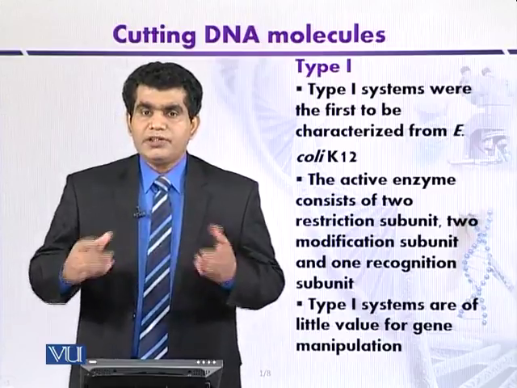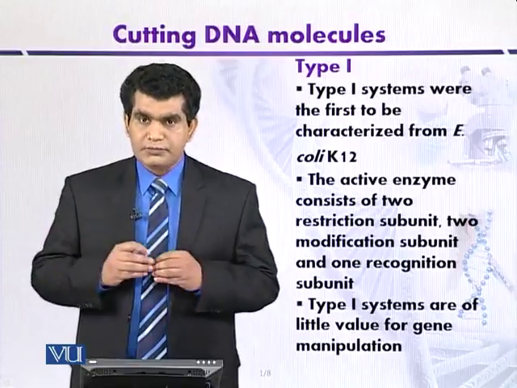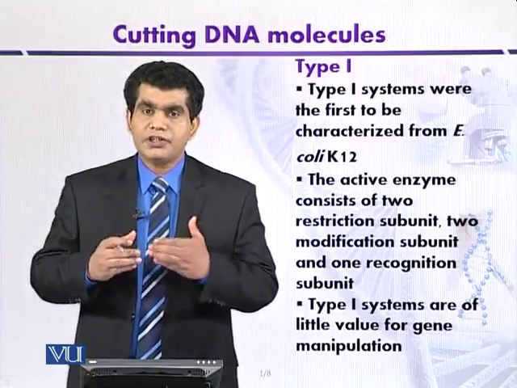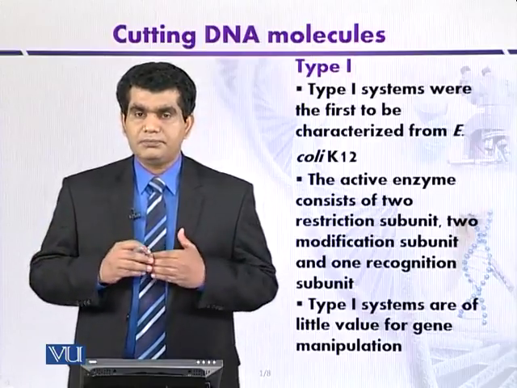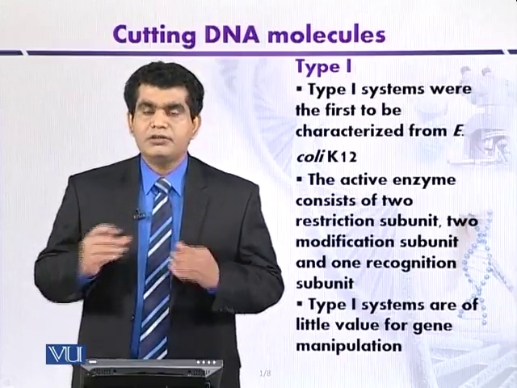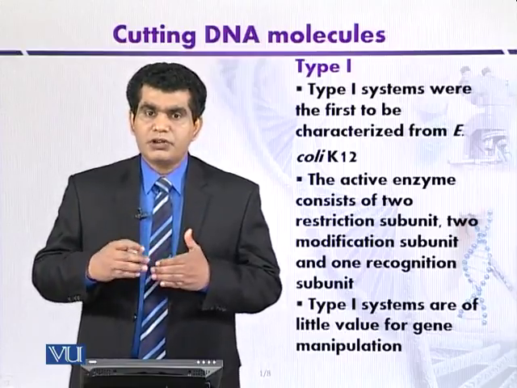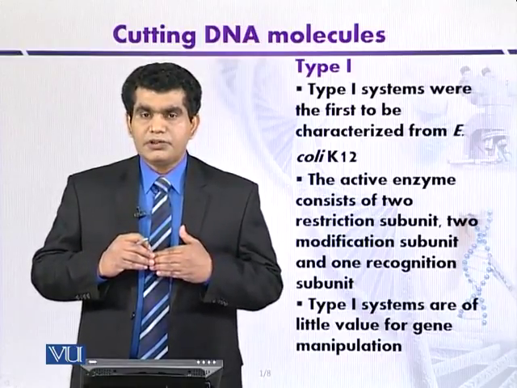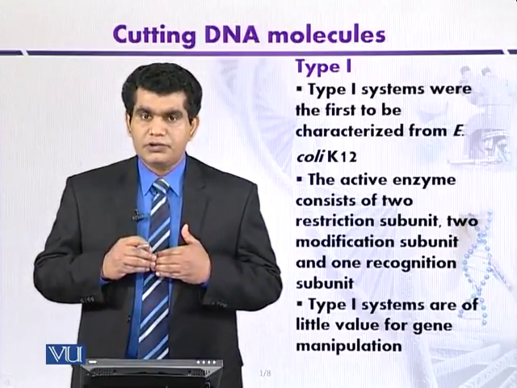If we analyze the structure of type 1 restriction enzyme, mainly it is a multi-protein complex. It is composed of different types of subunits, and the restriction subunit and methylation subunit belong to the same enzyme. This means it is a single enzyme that cuts the DNA and also modifies the DNA. Basically it is composed of 5 subunits: 2 restriction subunits, 2 modification subunits and 1 recognition subunit.